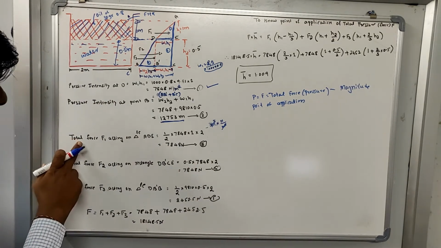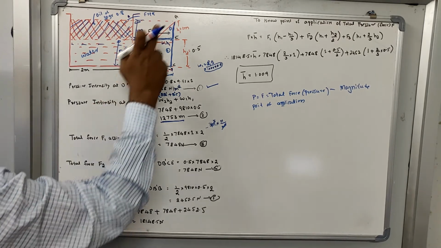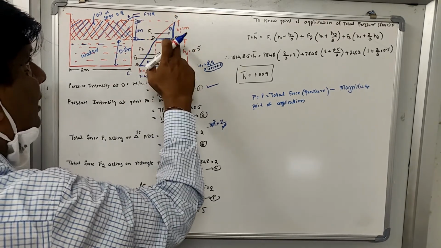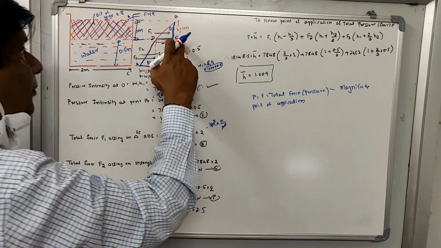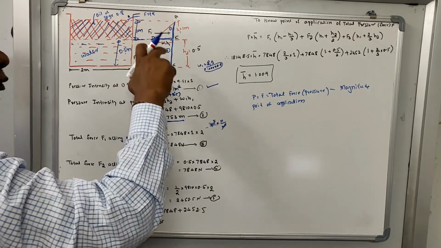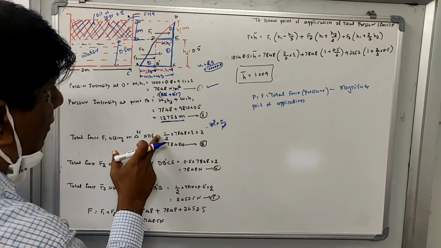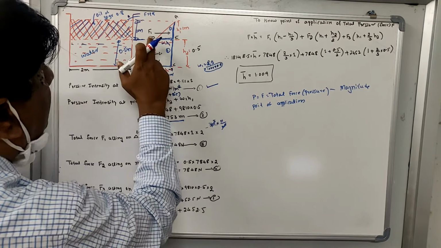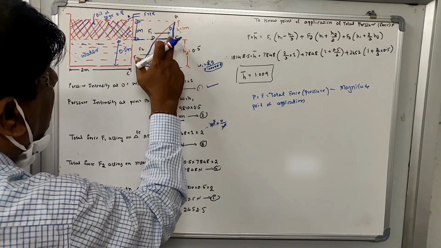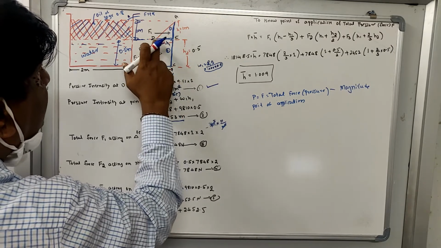That is, the total force F1 acting on triangle ADE is equal to the area of this triangle multiplied by the width of this tank multiplied by the unit weight of oil. So that is half W1 H1, where W1 is the pressure intensity at the base. The base of triangle ADE is DE.